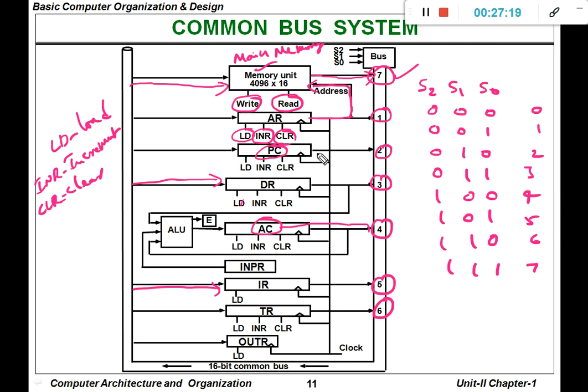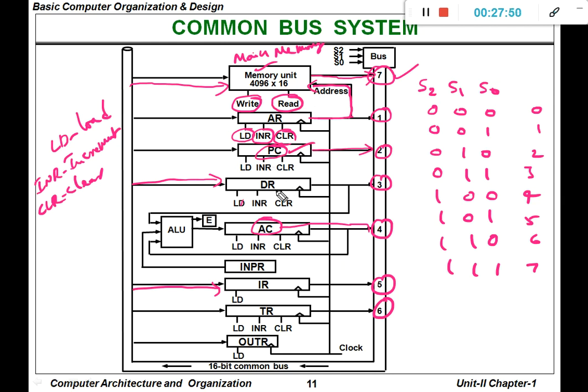So if you want to fetch the instruction from the main memory, this address of the next instruction will be passed to the common bus. From the common bus, it is going to go through like this, and it is going to fetch the instruction from the memory unit by initiating a read operation. Okay. So that is the purpose of the PC.